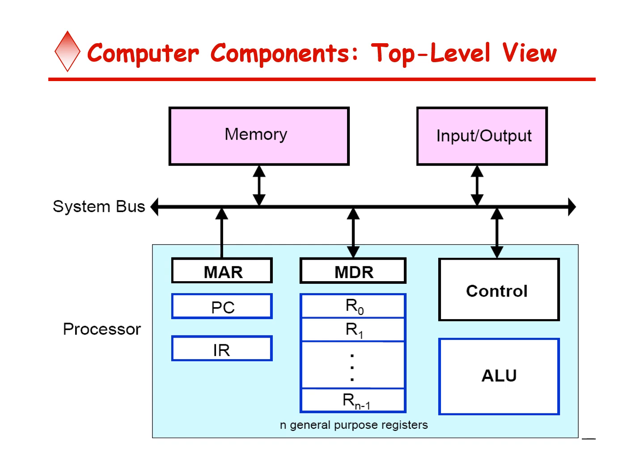So here you can see the processor, along with ALU and control unit, has special registers called memory address register MAR, memory data register MDR, then PC program counter and IR instruction register. And you also have a set of registers R0, R1 up to Rn minus 1, which are called general purpose registers.